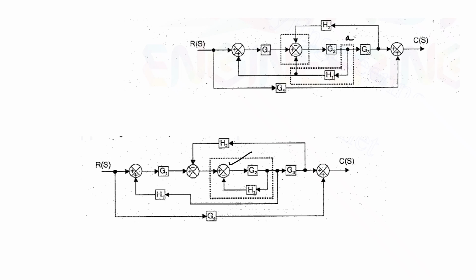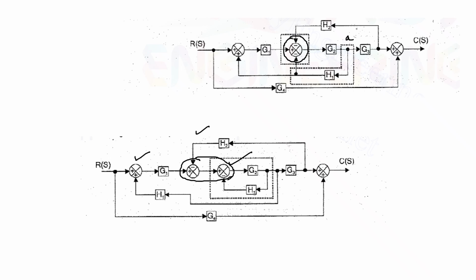The same point is again taken, passing through H1, reaches the second, and the summing point which is combined is split into two summing points. You can see it here. A H2 is available here. A H1 is available here. So we can rearrange the given block diagram into its equivalent form for our easy analysis and reduction.